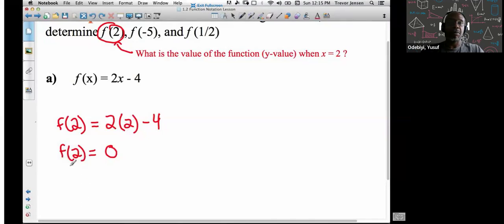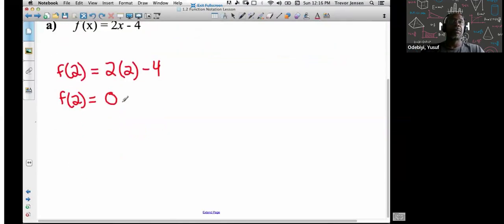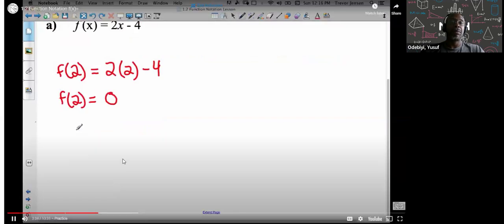So that means the value of the function when x is 2 is 0. So when x is 2, y is 0. So this corresponds to the point (2, 0). This is the dot on my graph, right? So when x is equal to 2, my y is equal to 0.